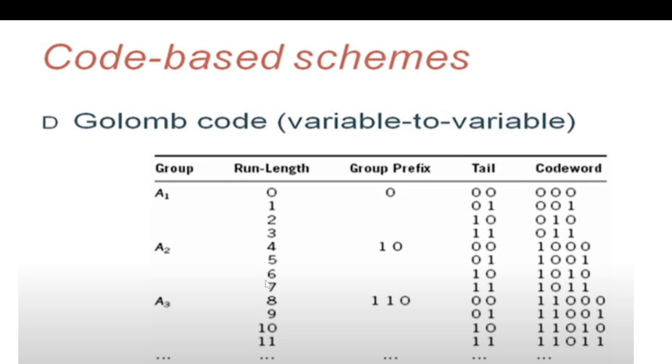In Golomb coding, in the run length we have a tail part and a group part. The group is 0, and we have a tail which is all combinations of a 2-bit number. Similarly for A2 and other patterns, and we merge both the group and the tail pattern to obtain the code word. So here the run length is also variable, and the code word is also variable. So this is variable to variable.